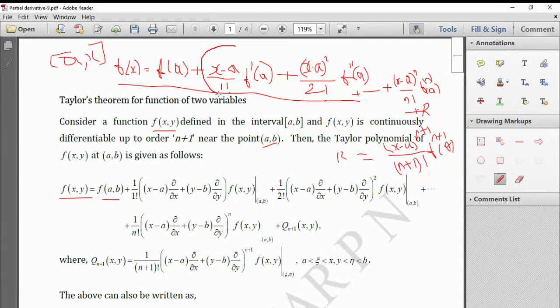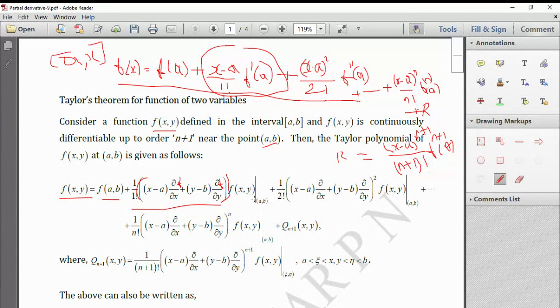So we'll write this as 1 by 1 factorial, x minus a into dou f by dou x at a comma b plus y minus b into partial derivative of f with respect to y at a comma b. I've written these two together and written f outside at the point a comma b, but that is one and the same as saying dou f by dou x at a comma b and dou f by dou y at a comma b. You can write it like this also.